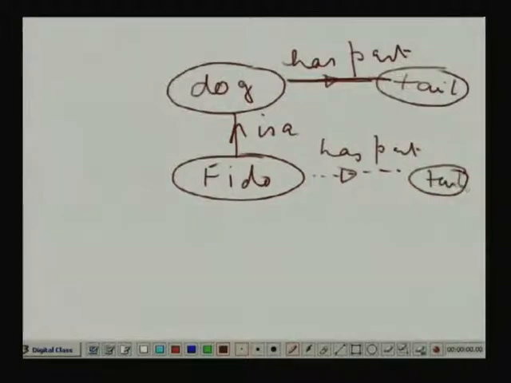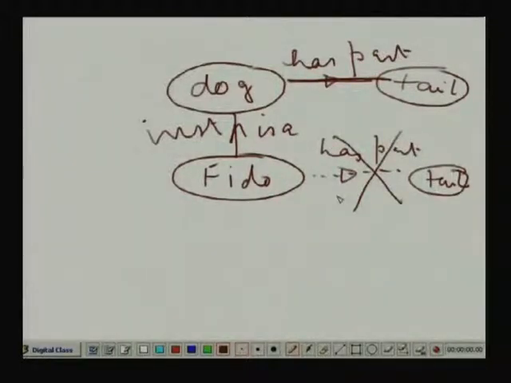But if it is said that Fido is a specific dog, this is an instance, right? This Fido being an instance of dog, if we know that there is a special case that Fido's tail has been chopped off, then this does not hold.